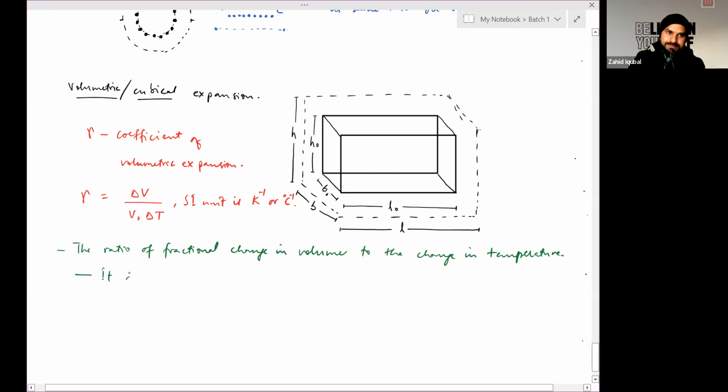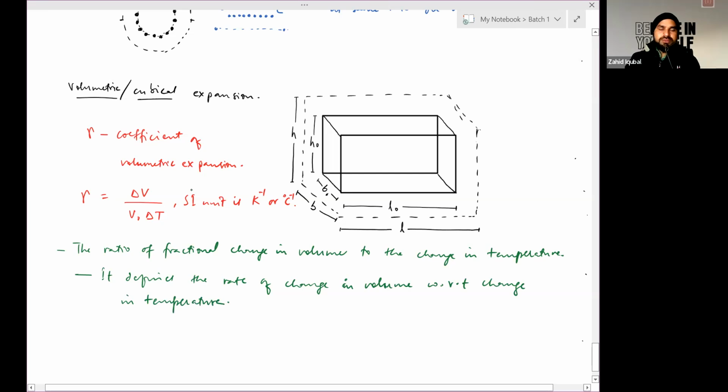So it defines the rate of change in volume with respect to change in temperature. Just write it down.